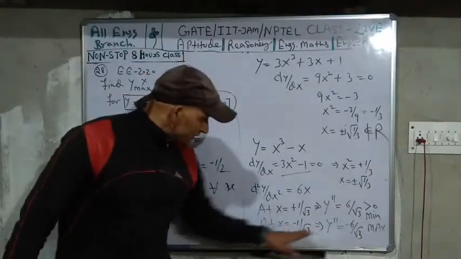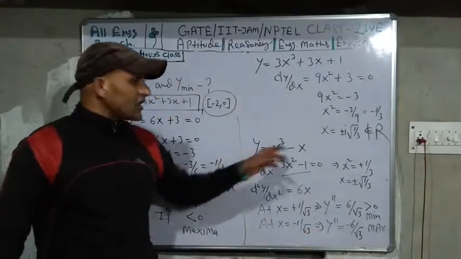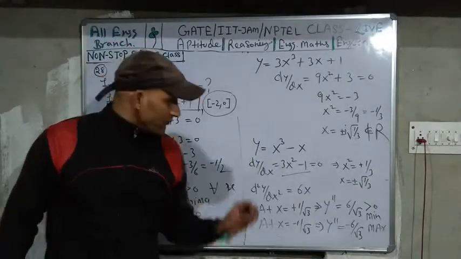Now you will put these values in, then you will get the maximum value and minimum value.